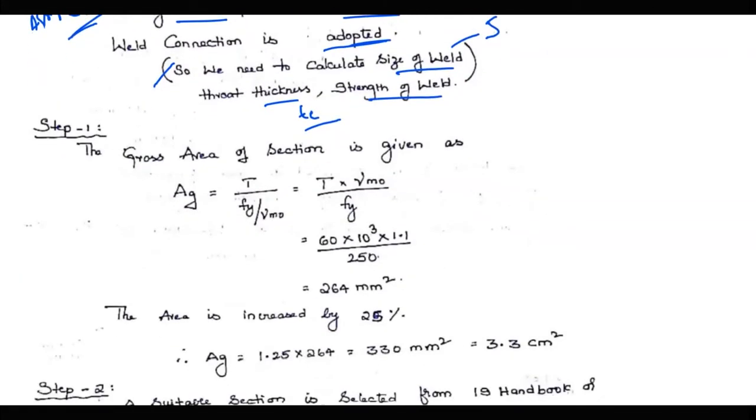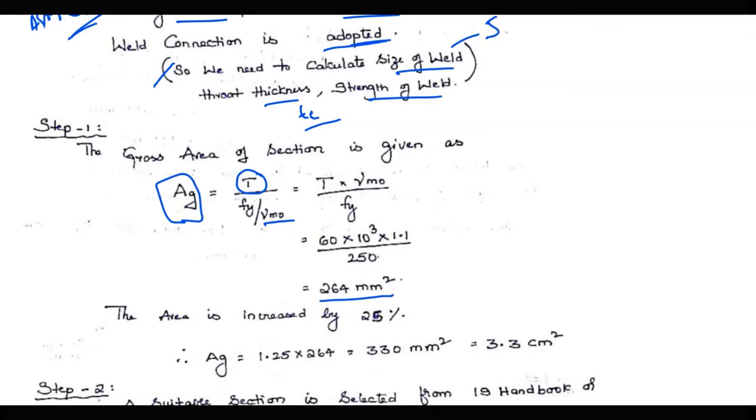First thing is, we start with the calculation of A_G required, the gross area that is required. So how do you get that? That is given by the factored tensile load that it has to carry divided by Fy. Of course, we have to include the partial factor of safety against yielding, which gives you 60 into 10 to the power of 3 into 1.1 divided by 250.